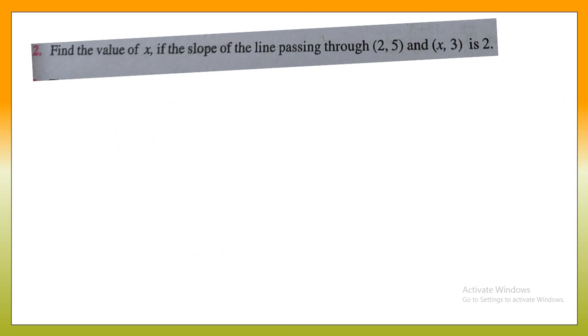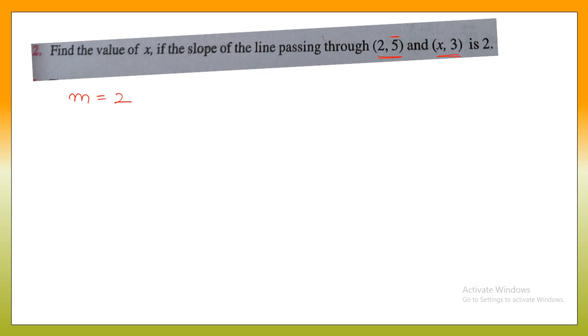So find the value of x if the slope of the line passing through 2 comma 5 and x comma 3 is 2. So already he has given slope m, so slope m is equal to 2, right? And there are 2 points given. So when 2 points are known, directly you can apply the slope formula, right? So what is the slope formula? y1 minus y2 by x1 minus x2, right?